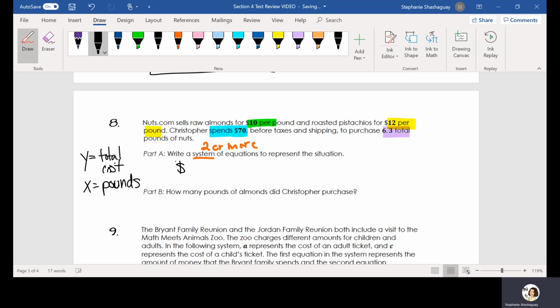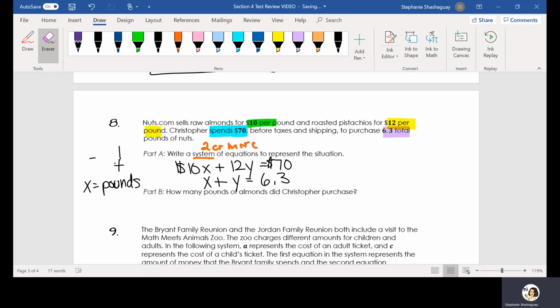So we're going to have 10x plus 12y is equal to $70. And he bought 6.3 total pounds, so x plus y is equal to 6.3.